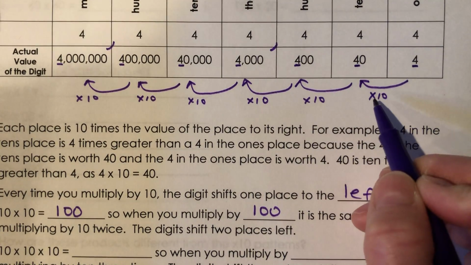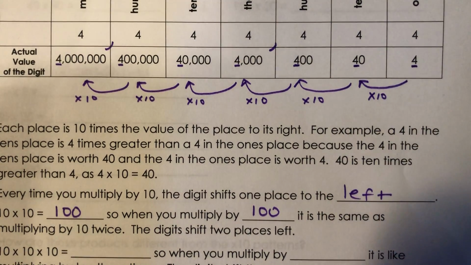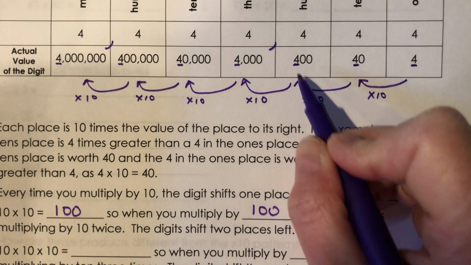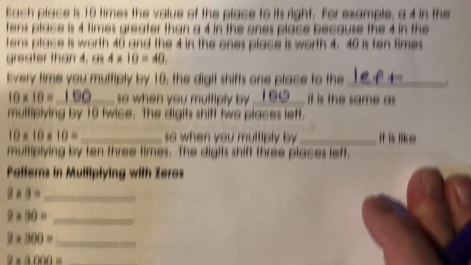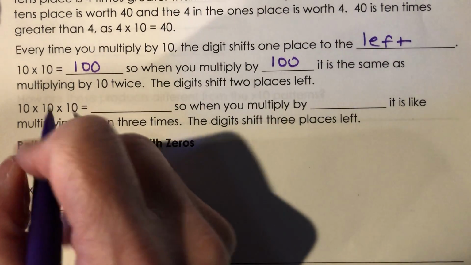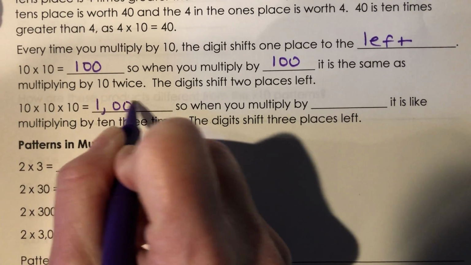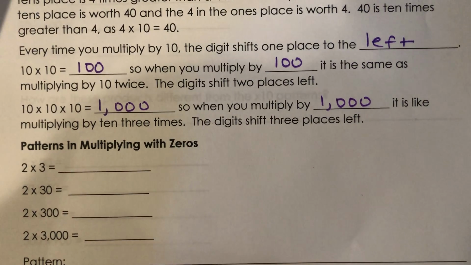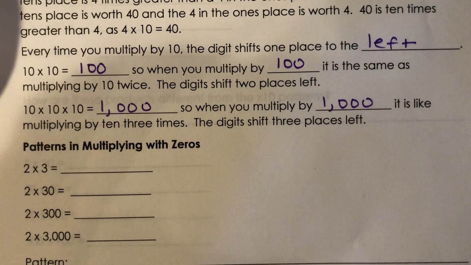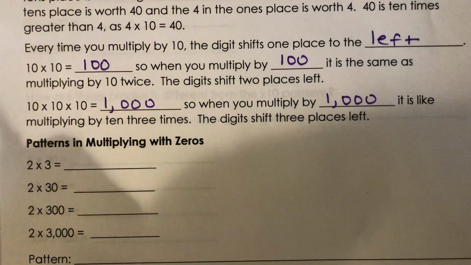And that's because multiplying by 10 twice is the same as multiplying by 100. If we multiply by 10 3 times, notice that 4 moves to the thousands place from the ones place. That's because multiplying by 10 3 times is the same as multiplying by 1,000. So when you multiply by 1,000, it's like multiplying by 10 3 times. The digit shifts 3 places to the left.